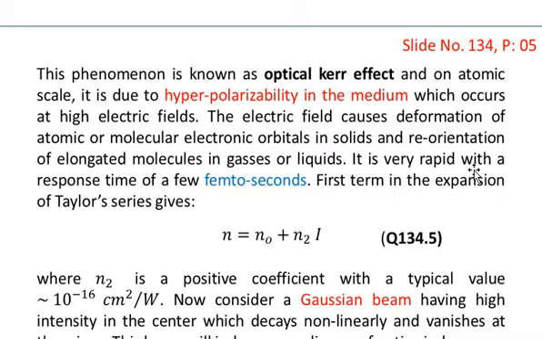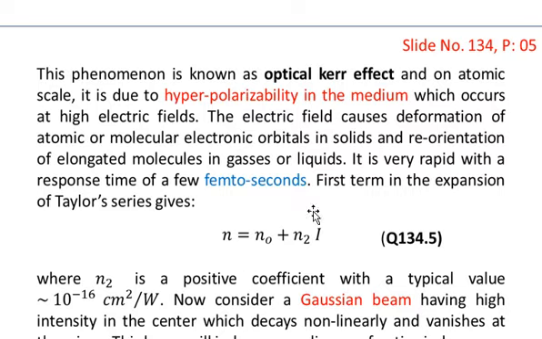It is very rapid, with a response time of a few femtoseconds. You can notice the response of the Kerr material is of the order of a few femtoseconds. First term in the expansion of the Taylor series is given by.